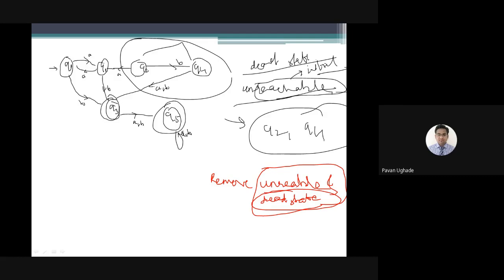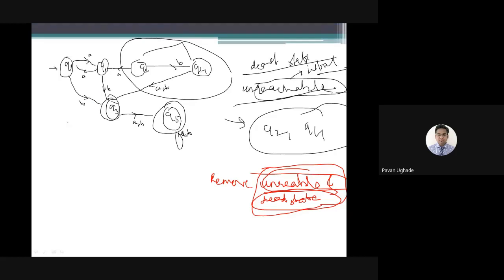As well as when we are considering the minimized automata, we have to check whether there is any unreachable state. If there is any unreachable state, we have to remove it.